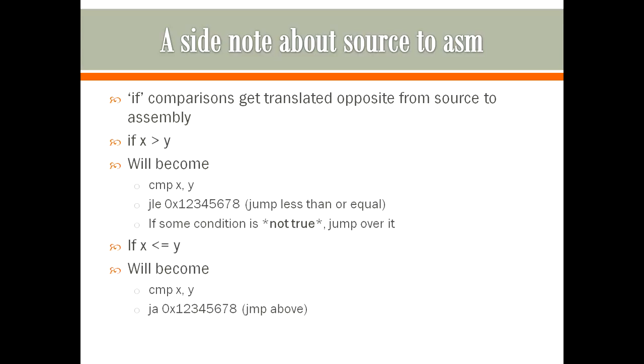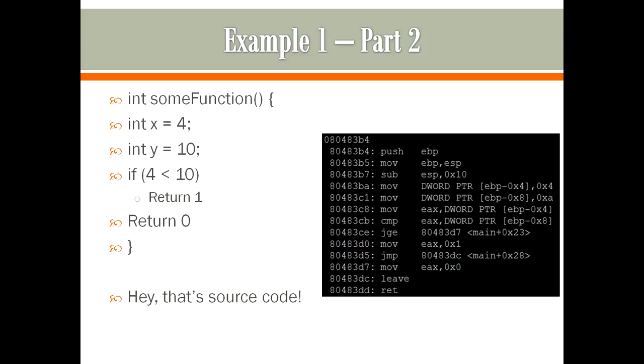Take the condition if x is less than or equal to y. It becomes compare x, y and then jump to an arbitrary address if the value is above. So when you see jump above, the developer actually wrote less than or equal to in their source code. Given this insight, we can now update our code.